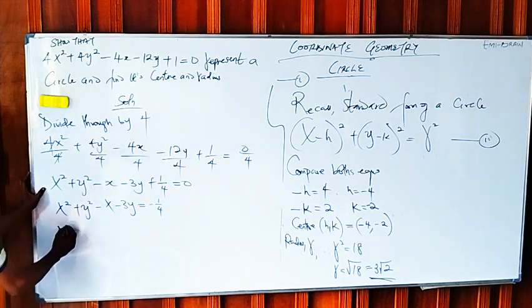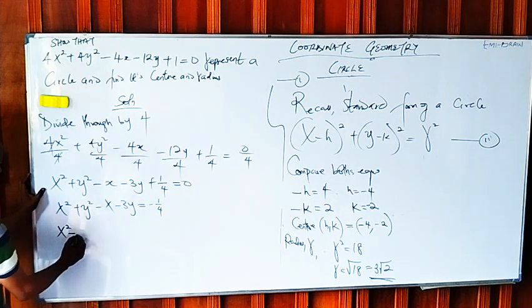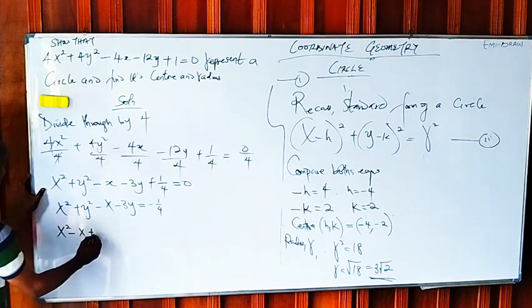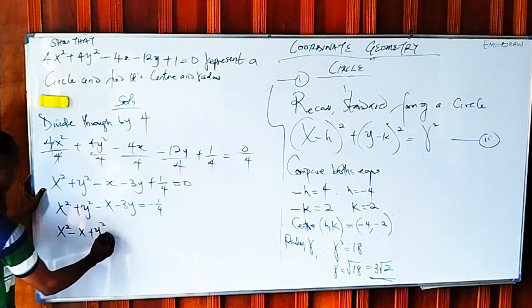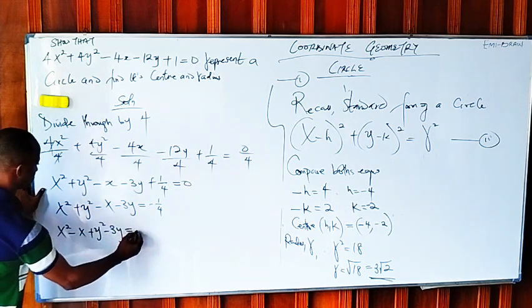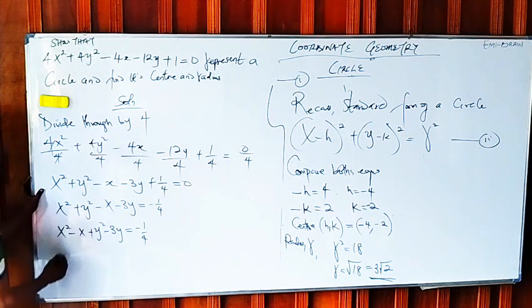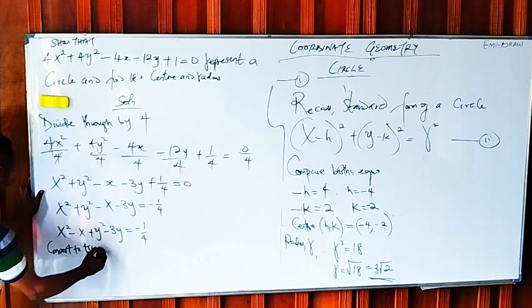That will give us x squared minus x, plus y squared minus 3y equals minus 1 over 4. Then we'll now convert to trinomial.